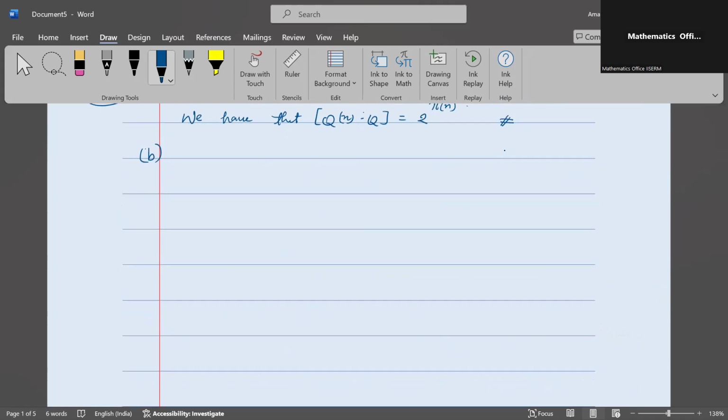We just have to show that Q(root 2, root 3, up to root n) is the same as Q(root 2 plus root 3 plus up to root n).